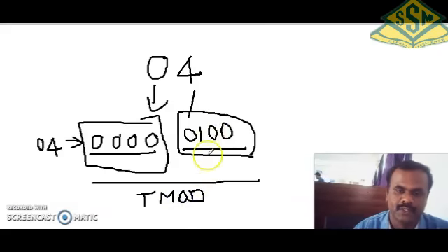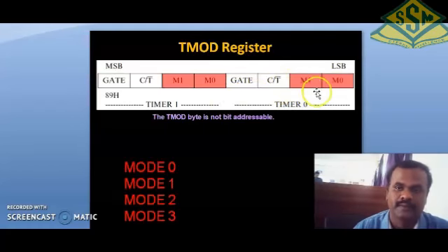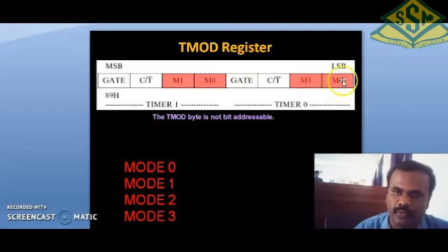So we consider this picture. Already I told you the first 4 bits are for timer 0 and the next 4 bits are for timer 1.